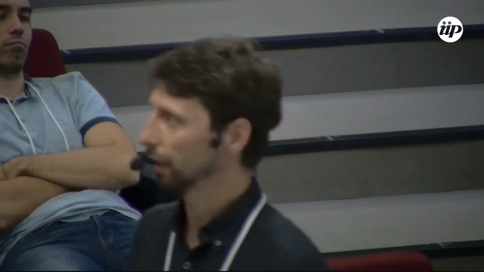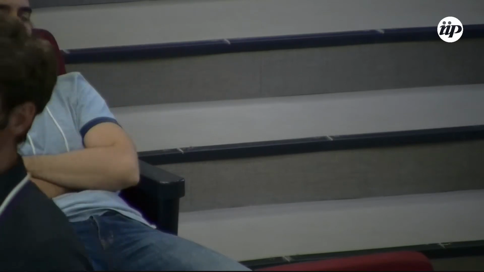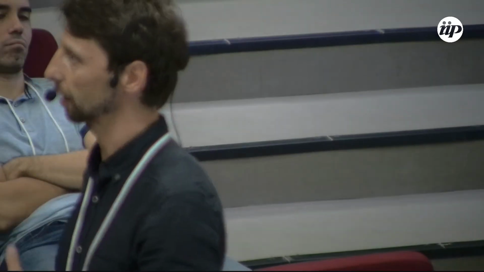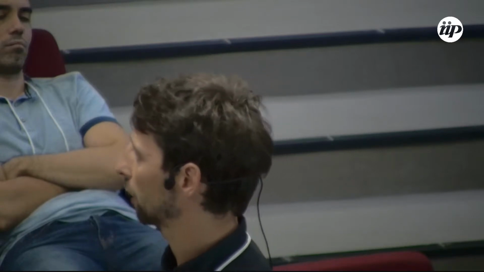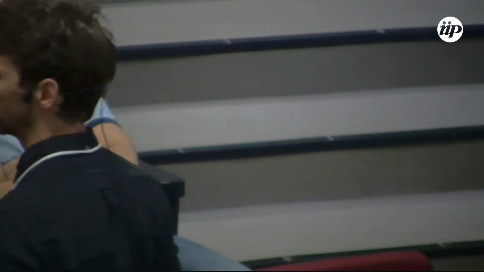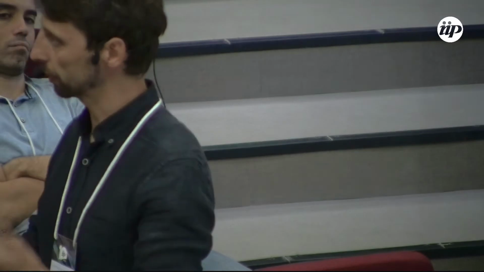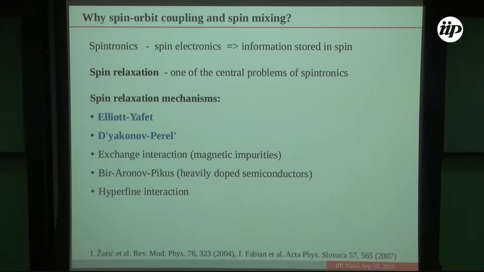As Stefan Roche said, we love spin-orbit coupling in terms of effects like the spin Hall effect and so on, but we hate it because it causes spin relaxation. There are of course several mechanisms of spin relaxation, and those two mechanisms are usually said to be dominant in two-dimensional materials which are not heavily doped by, for example, holes, where there are no magnetic impurities, and so on.